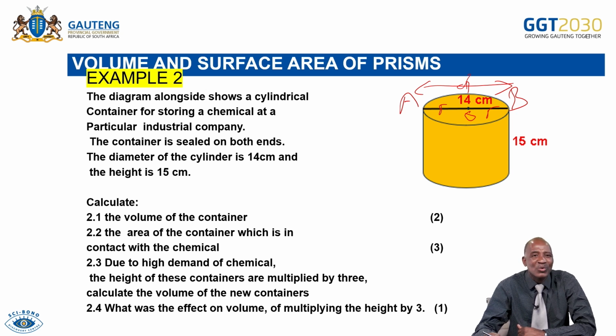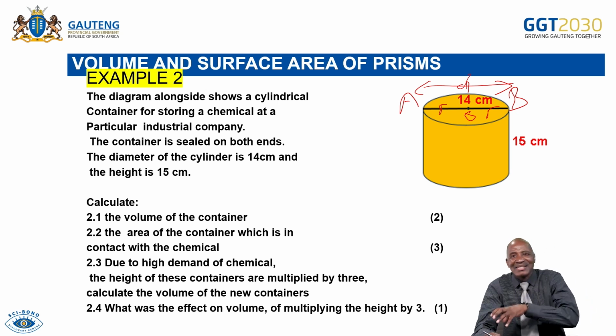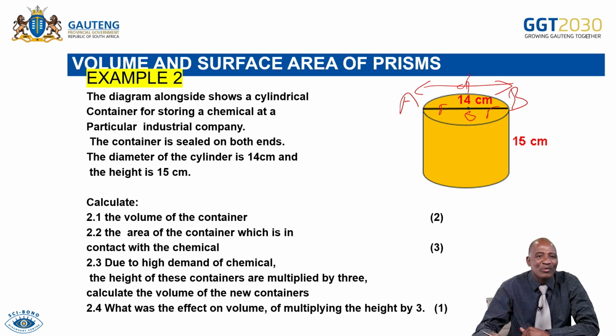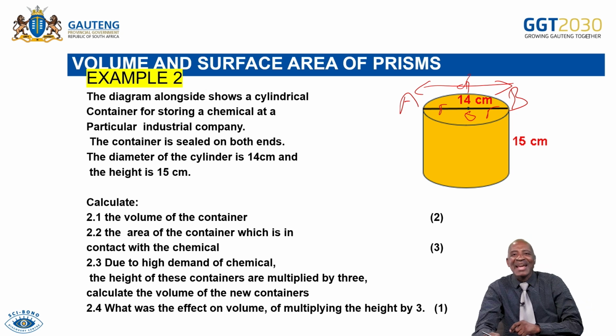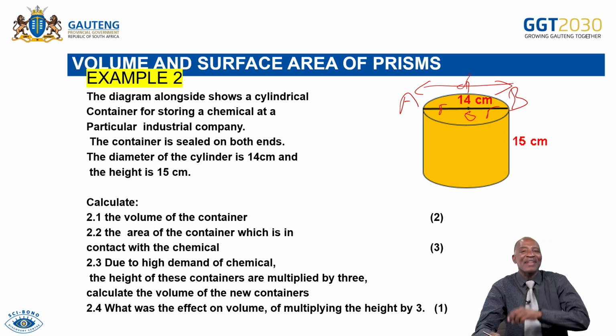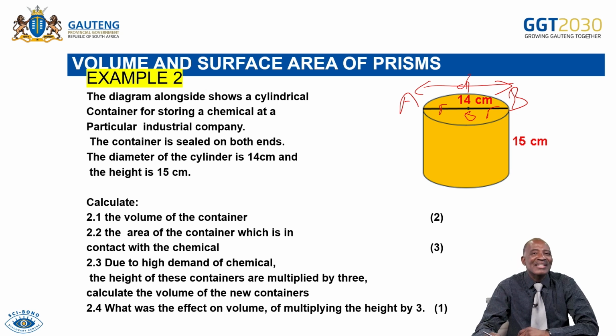How much space would they take? Don't confuse volume with capacity. Obviously, if you increase volume, capacity will also increase, because the container is much bigger now. Then what was the effect on volume of multiplying that height by 3, making it 45 now? What was the effect on volume? Same as the previous question.